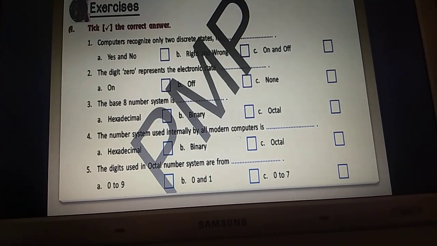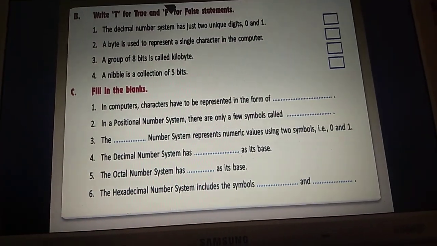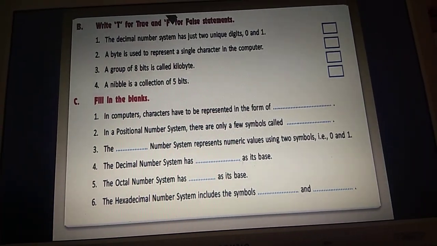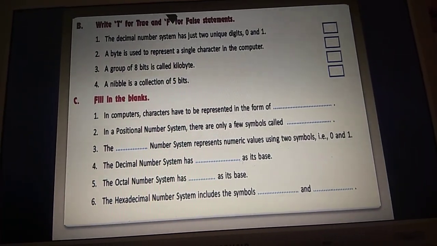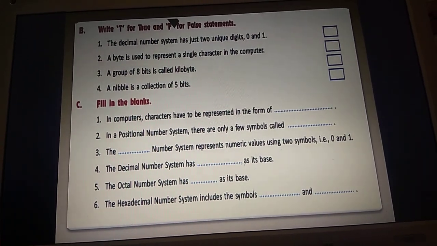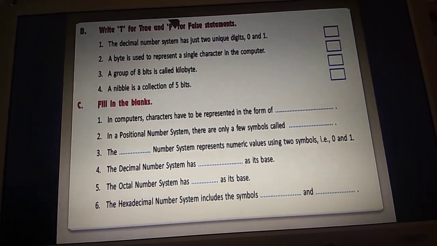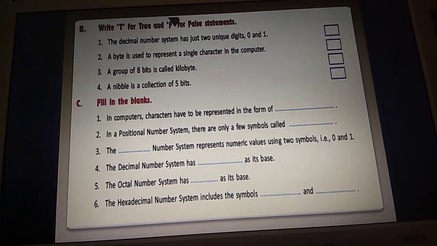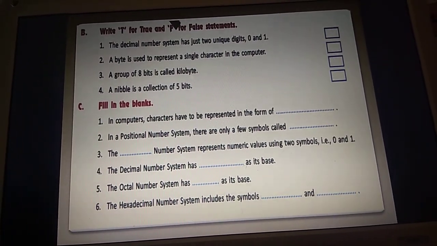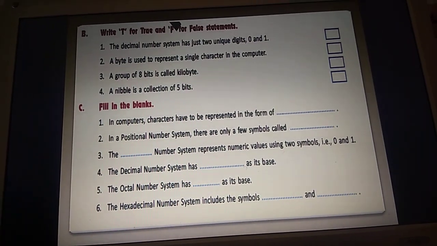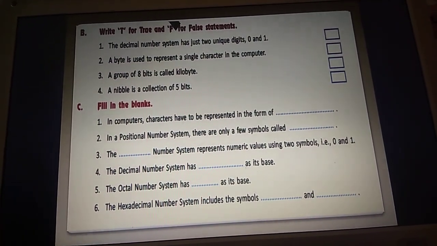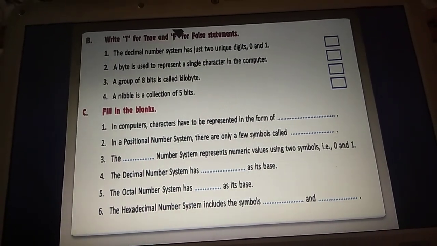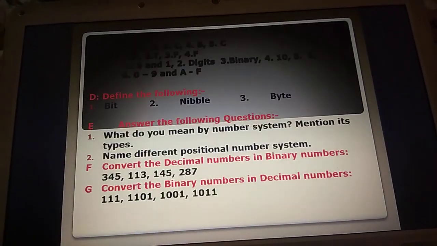After it, you have true false in question number B. You are to write T for the true and F for the false. In part C, you have 6 fill-ups, so you are to write the correct word to fill all these fill-ups. Their answers have also been given here.